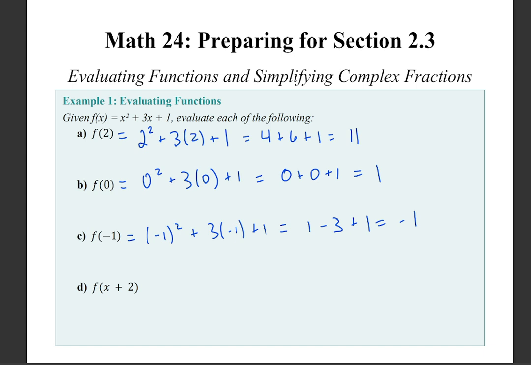Now for this last one, see, we're actually plugging in x plus 2 everywhere we see an x. And so first off, I have x plus 2 squared plus 3 times x plus 2 plus 1. So same principle applies. Everywhere I see an x, I plug in x plus 2. Now we have to FOIL out that first term, and I often like to do that on the side.